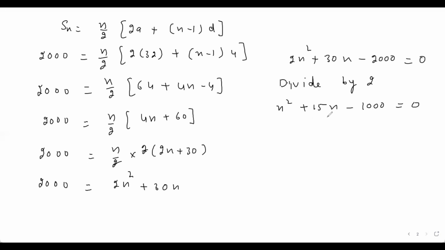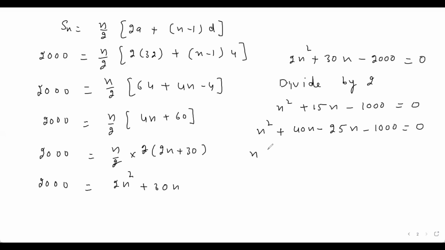Split the middle term. N square plus 40N minus 25N minus 1000 is equal to 0. So I have split the 15 as 40 minus 25, because when you add these two terms, you will get 15, and when you multiply these two terms, you will get minus 1000.